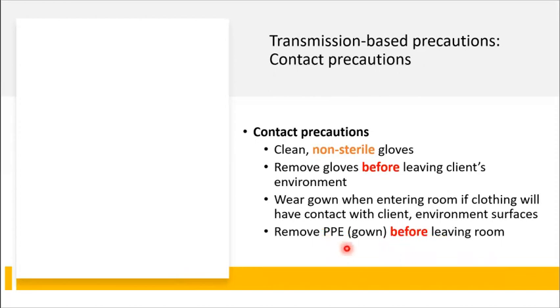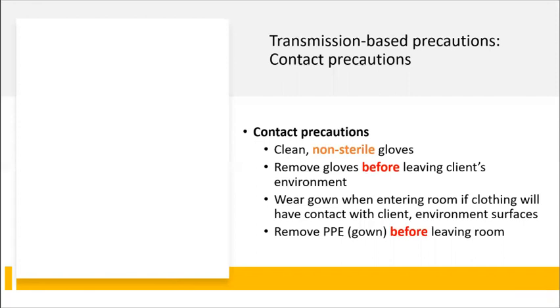Remember, you want to remove your personal protective equipment like your gown before leaving the room. We already said you will need to remove your gloves before leaving the room. So again, you want to remove your PPE before leaving the room. And we'll need to use dedicated equipment for these patients who are in contact precaution, or we'll need to clean and disinfect the equipment between client use.